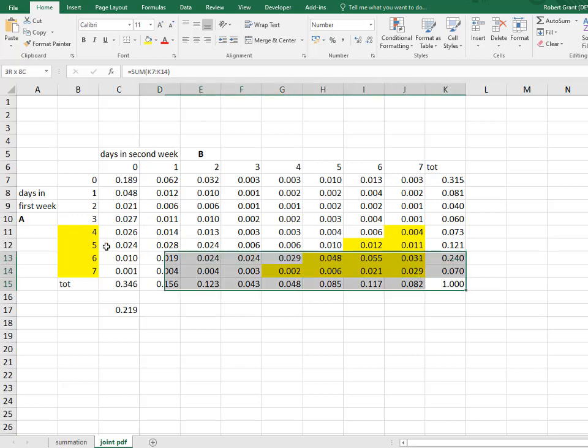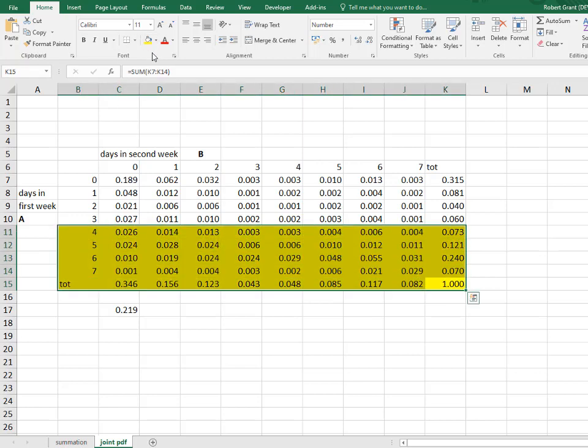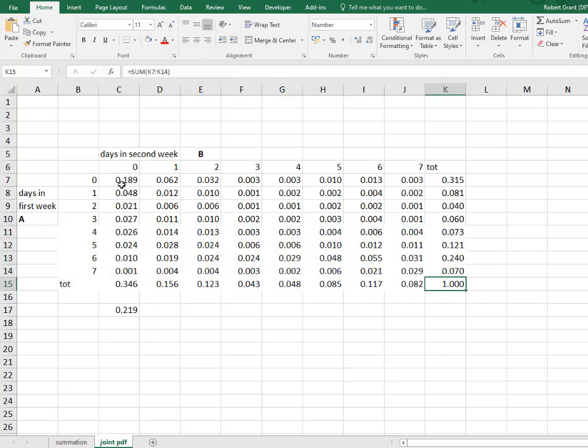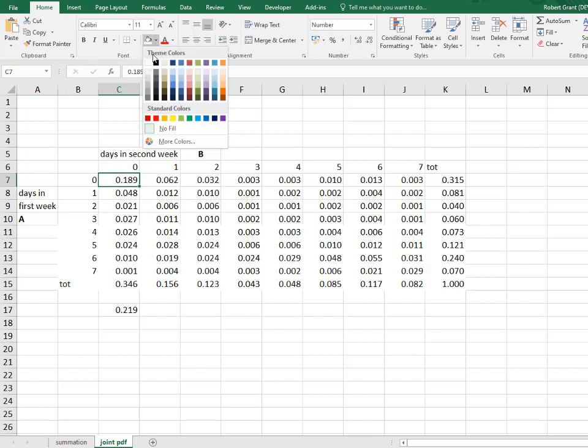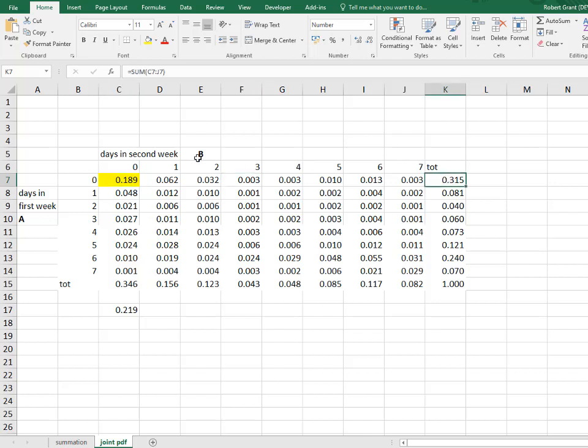what I'll do to make this a bit clearer is to get rid of this from it. So the probability that A is 0 and B is 0 is there. So it's that one. And the probability that A is 0 is here.